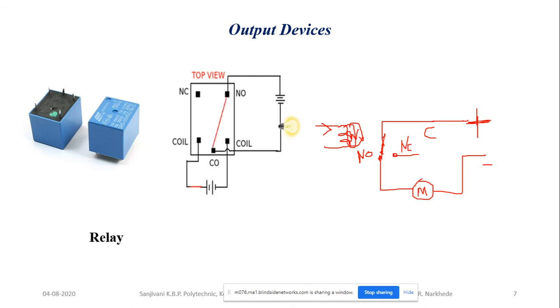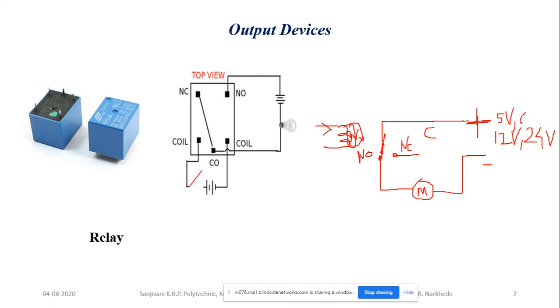Now this common terminal, say it is either 12 volt DC, it may be 24 volt DC, it may be 110 volt AC, or it may be 230 volt AC. Whatever the voltage level that you are going to use for the DC supply, 5 volt, 6 volt, 9 volt, 12 volt, 24 volt, at the max we are going to go for 24 volt only.